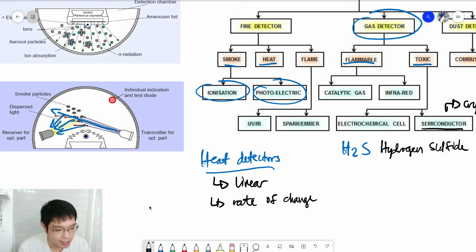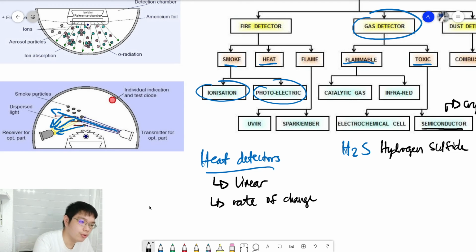You would want a linear as a backup. But as for linear, in very hot environments, in places that are expected to go hot, it would not be ideal as it would always get tripped.